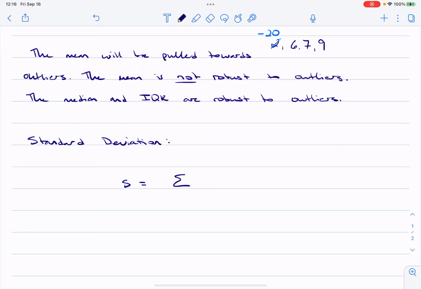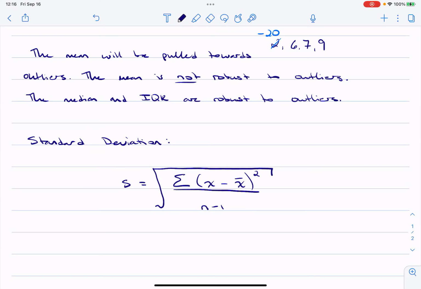So it's going to be the sum of x minus x bar squared divided by n minus 1, and then take the square root of all that. Technically, each of these x's, there's x1, x2, x3, x4. So really what I'm saying is do this for each of the x's. So there should be an xi here, the sum from i equals 1 to n.